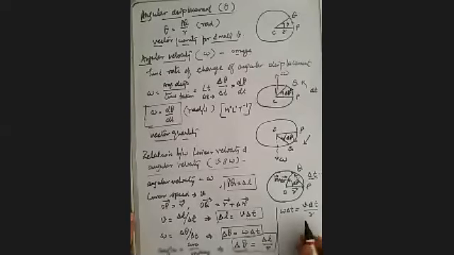Let us make some rearrangement, and if this cancels with this, omega is equal to V divided by r, or V is equal to r omega. So that is the relation between linear velocity and angular velocity.